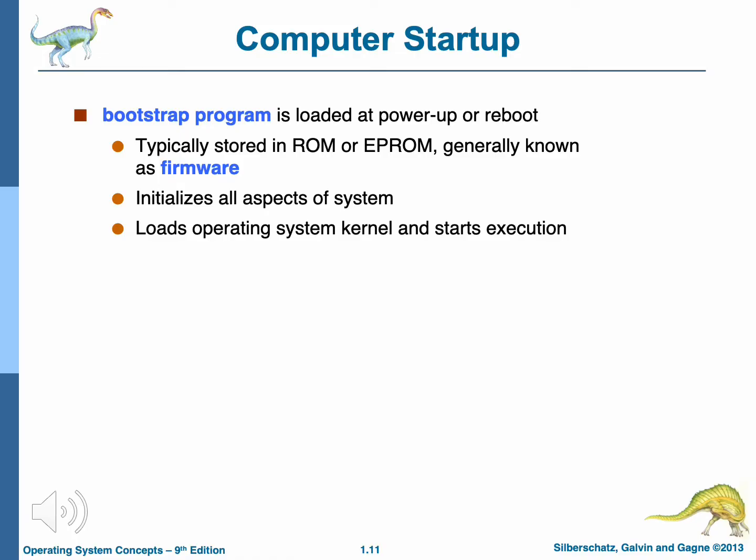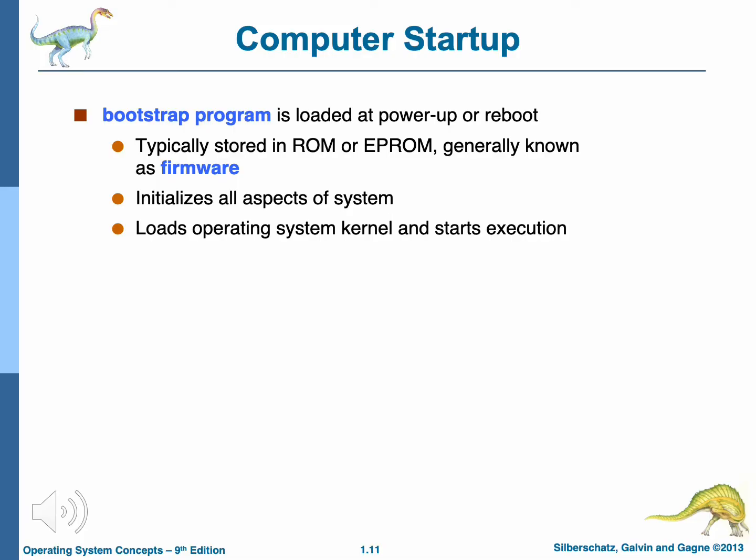It initializes all aspects of the system, from CPU registers to device controllers to memory contents. The bootstrap program must know how to load the operating system and how to start executing that system. To accomplish this goal, the bootstrap program must locate the operating system kernel and load it into memory.